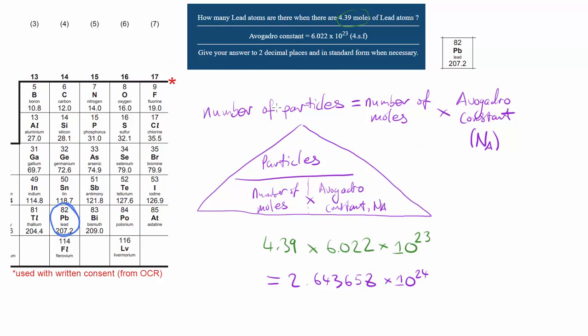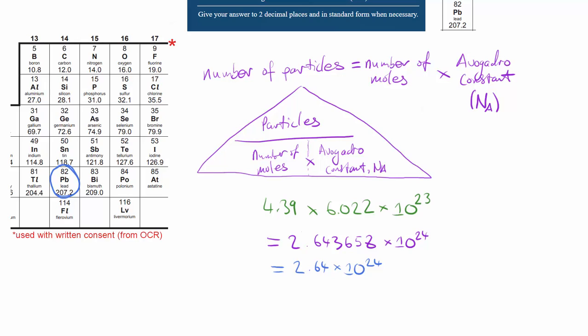In this case, what's been requested is 2 decimal places, so we would need to round this, so the actual answer would be 2.64 times 10 to the power of 24. So that would then be our answer.